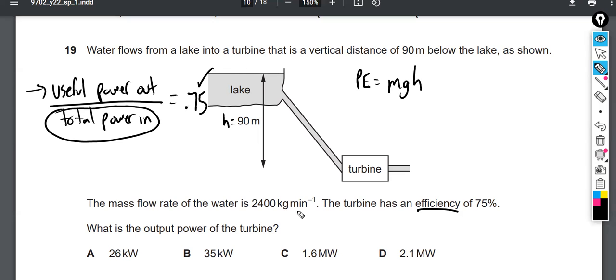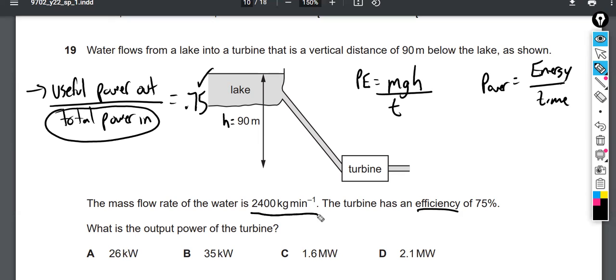Now, what we're given here is a flow rate. To turn energy into power, we've got to divide by time, because power is the rate that energy is transferred. We're given the mass per time, so we could divide the energy by time to get power.